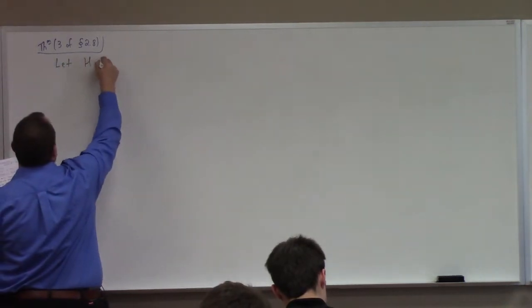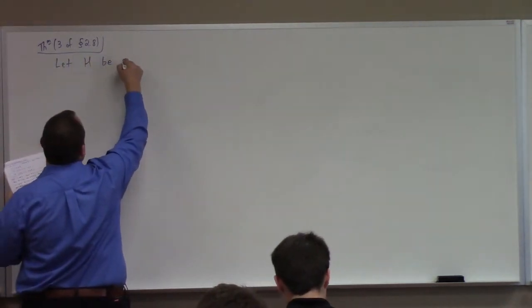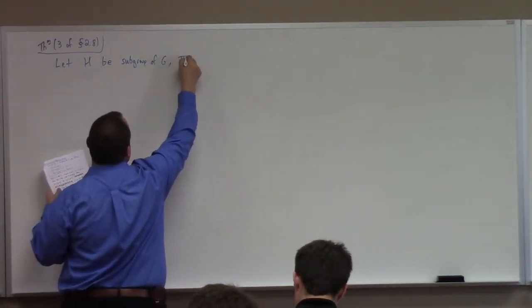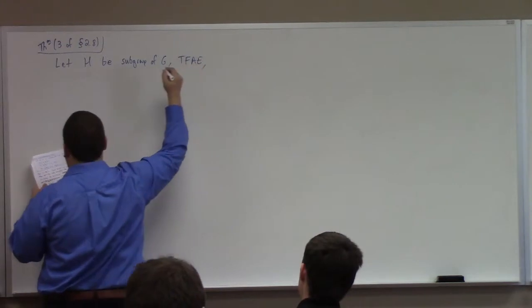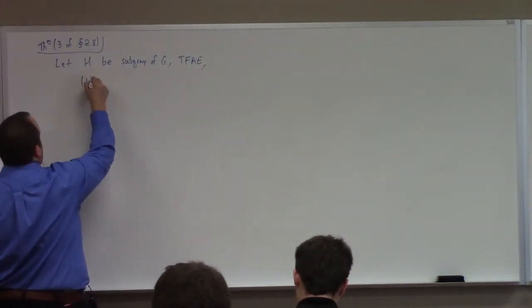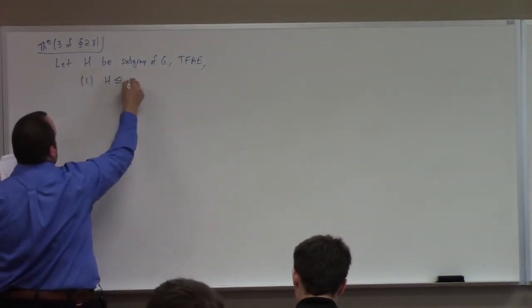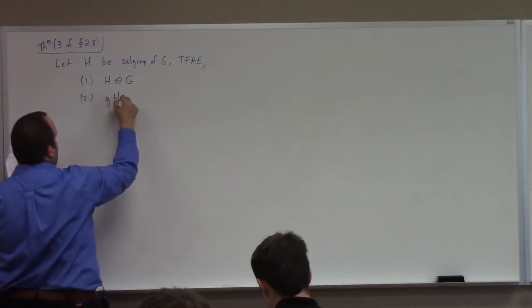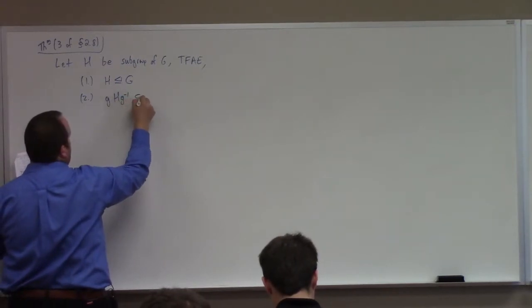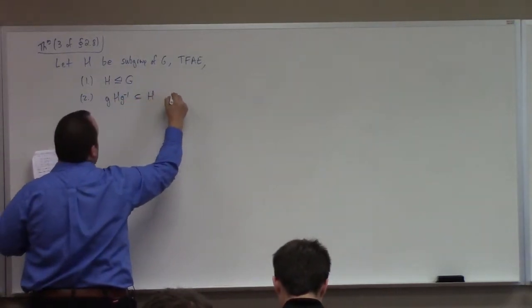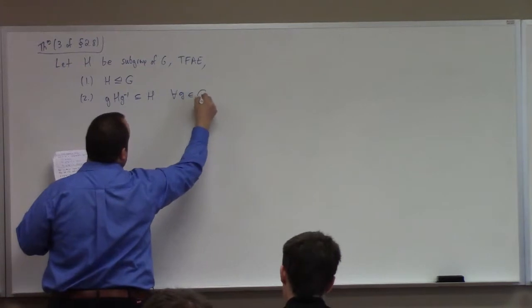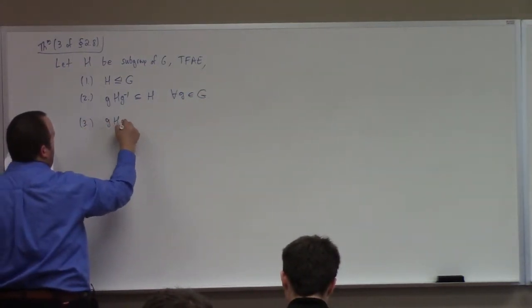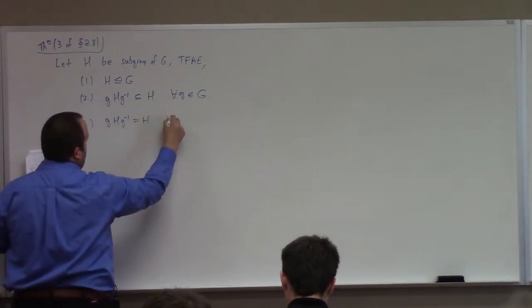Let H be a subgroup of G. The following are equivalent. 1, H is a normal subgroup of G. 2, gHg inverse is a subset of H for all g in G. 3, equality: gHg inverse is equal to H for all g in G.